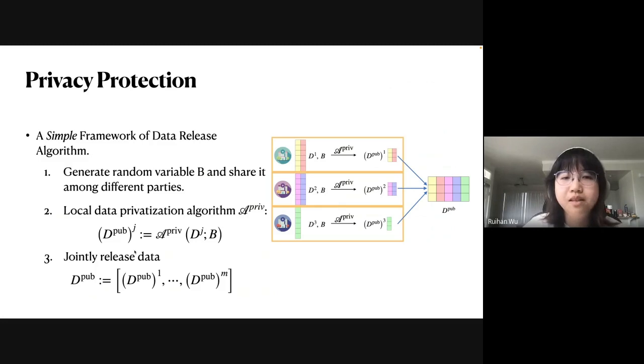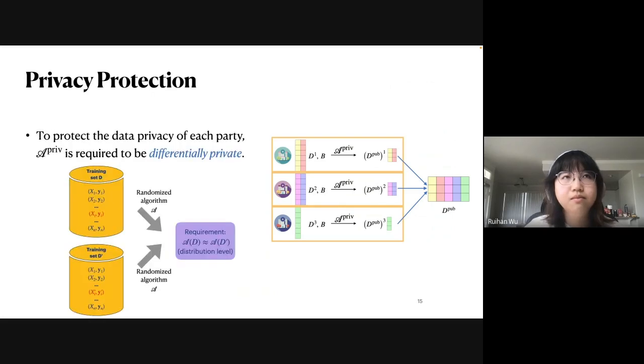Okay, then I will define what kind of algorithm keeps the data private. We utilize differential privacy as a tool to protect the data. In the previous framework, we have the local privatization algorithm, and we require that it should be differentially private. So I will briefly introduce what differential privacy is here.